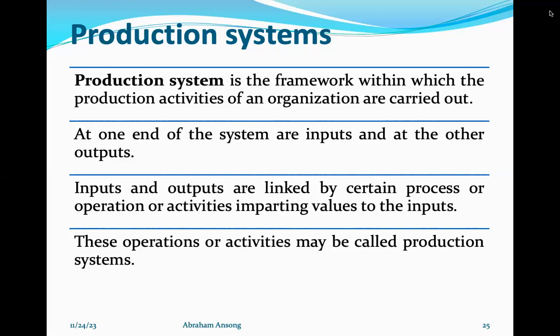In between the input and the output, you have a process or operation system in place to add value to the input that you've put into the system, so that the output will be a refined and added-value form of the input that started the production system. Okay, so these operations or activities may be called production systems.